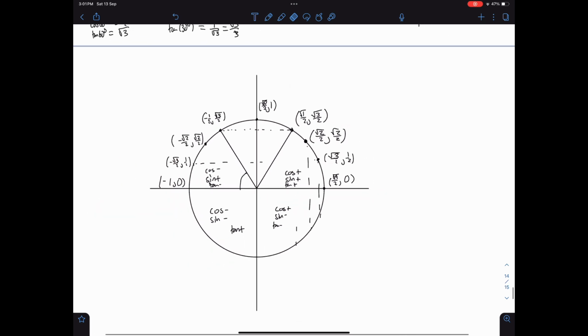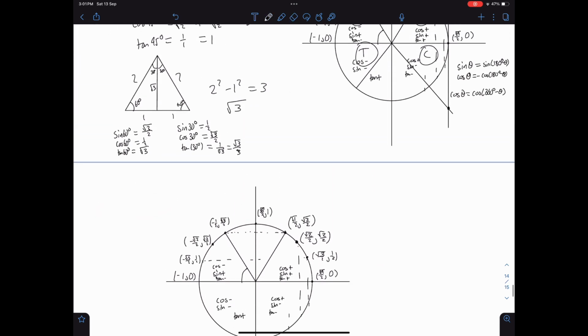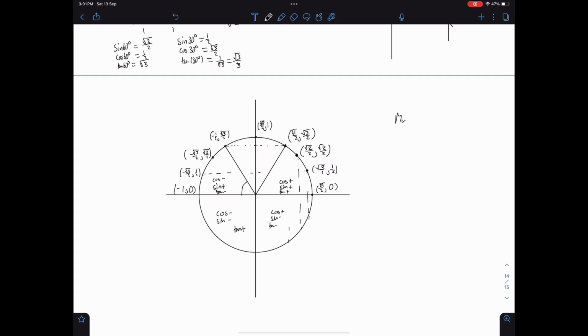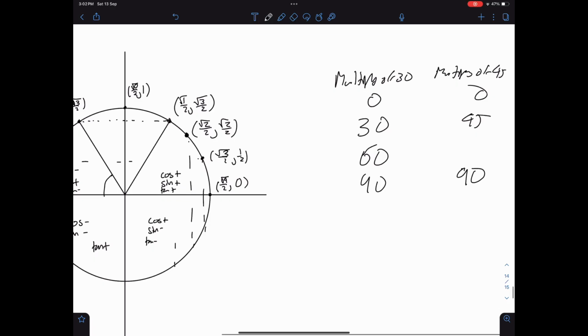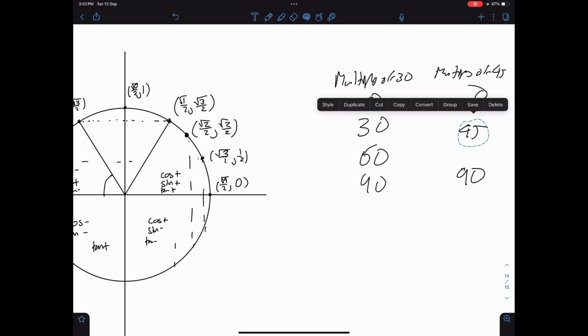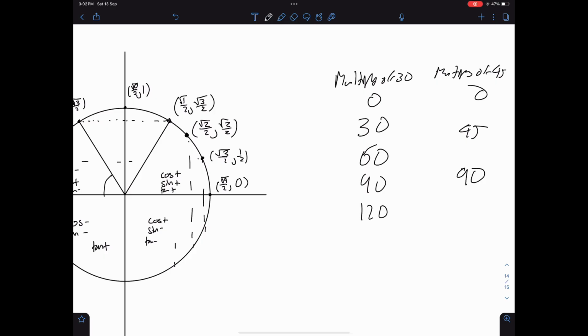So now we'll use this unit circle to look at the exact values for all the multiples of 30, all the multiples of 45. So let's start at 0, then 30, 45, 60, 90, 120, 150, 180, 135, and then 180.